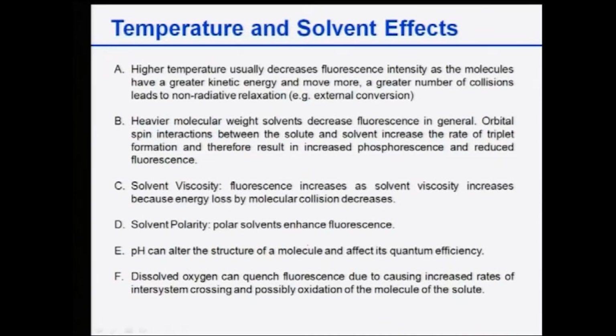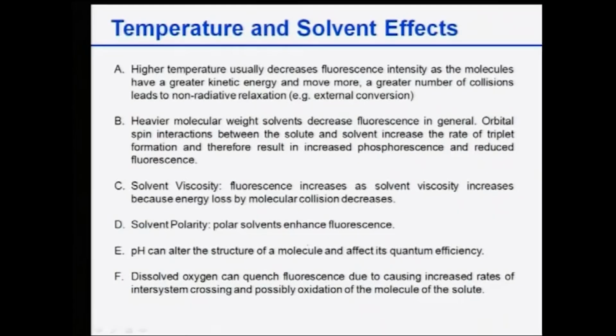So, what are the temperature and solvent effects? The higher the temperature, usually the lower the fluorescence intensity, as the molecules have greater kinetic energy and move more, and a greater number of collisions can lead to non-radiative relaxations, called external conversions. That means more energy will be lost, so the fluorescence yield will be less.